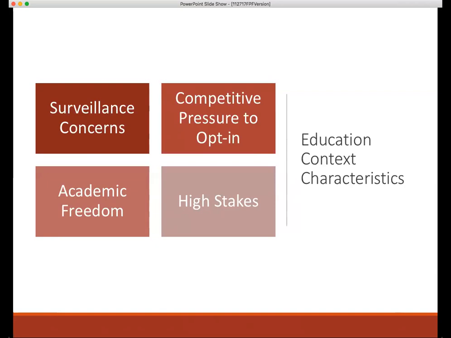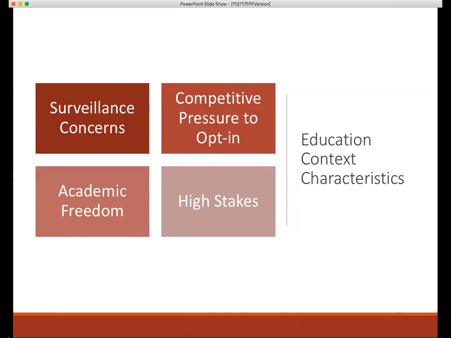And many don't want to opt out of whatever schools are doing, even if they could, because they think they won't get as good of an education, or that employers might say, why don't you share this information? Do you have something to hide? And then we put it at a disadvantage compared to other students who decided to opt in.